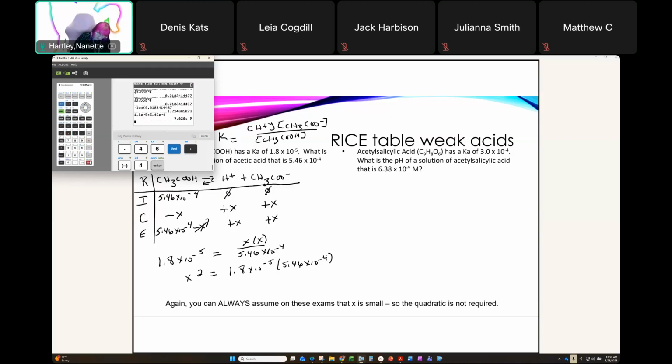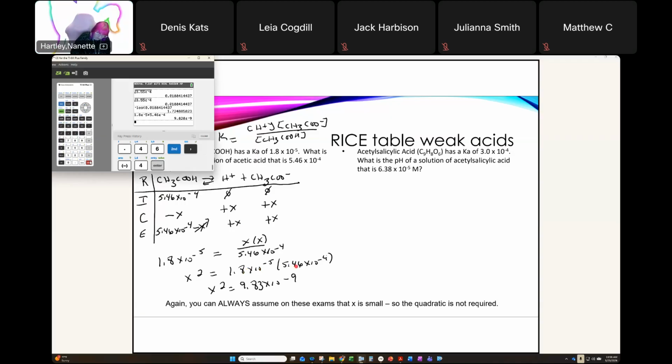So X squared is equal to 9.8 times 10 to the minus 9th. And technically, I would report this as 9.83. The reason for that is that since this is a constant, I can assume that it's infinitely well known, and therefore my sig figs should be limited by this concentration right here.